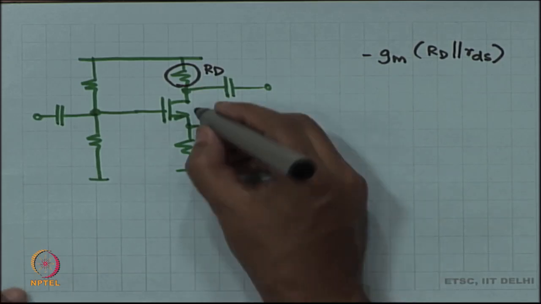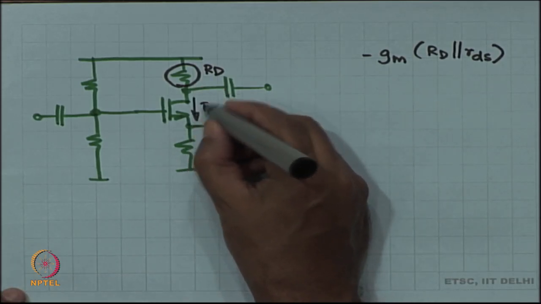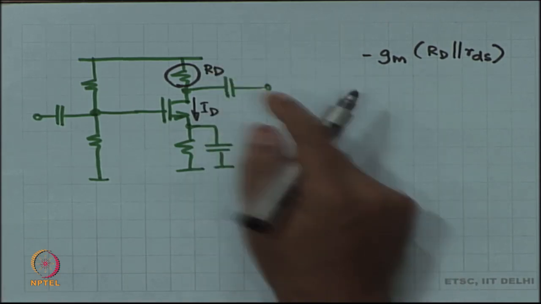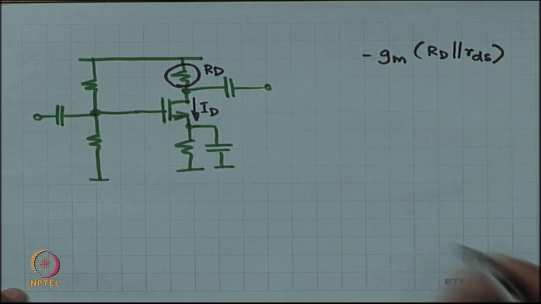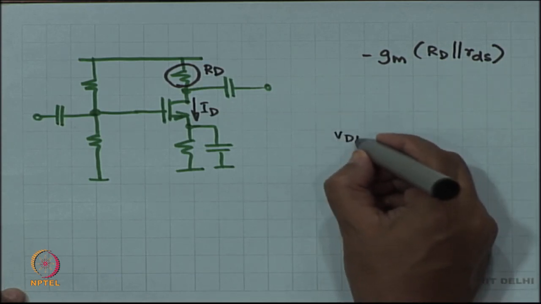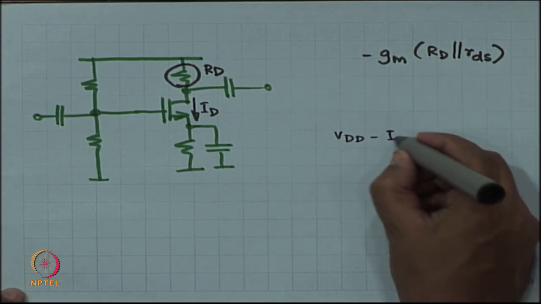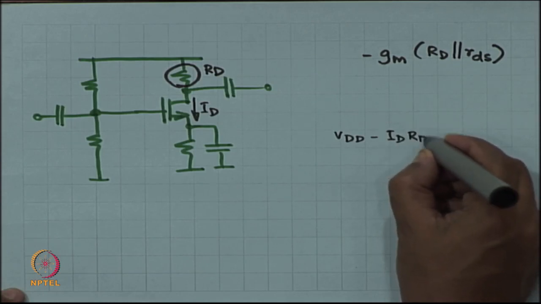So, if I have a current ID over here, then the DC voltage over here is VDD minus ID RD, right.